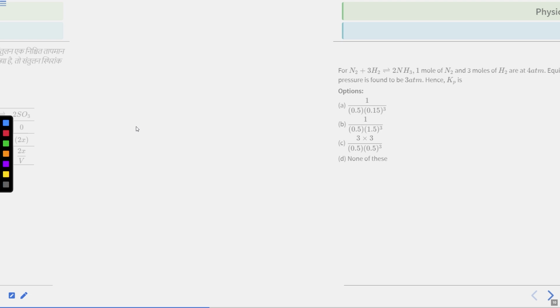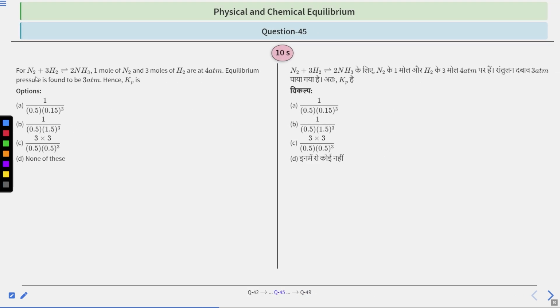Let's move to question number 45. For N2 plus 3H2 giving us 2NH3, 1 mole of N2 and 3 moles of H2 are at 4 atmospheres. We are given initially that 1 mole of N2 and 3 moles of H2 are present at 4 atmosphere. Now the equilibrium pressure is found to be 3 atmosphere. The pressure will decrease at equilibrium, and we have to find the Kp, the equilibrium pressure constant.